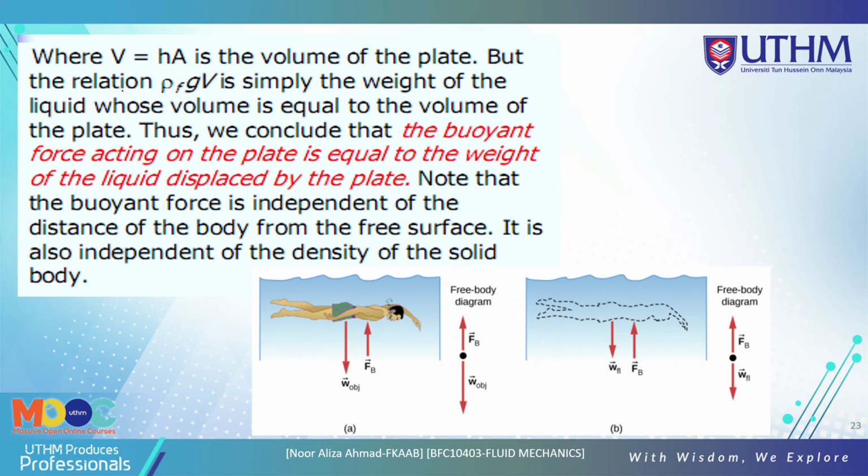The density of fluid times G times V is simply the weight of the liquid whose volume is equal to the volume of the plate. So we conclude that the buoyant force acting on the plate is equal to the weight of the liquid displaced by the plate. Note that the buoyant force is independent of the distance of the body from the free surface, and also independent of the density of the solid body.